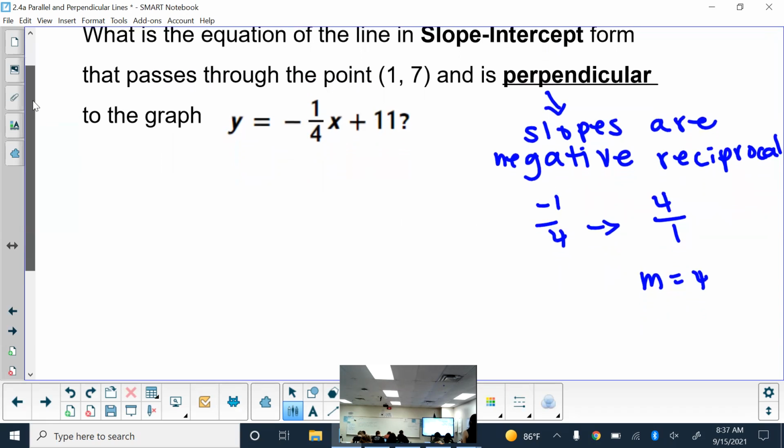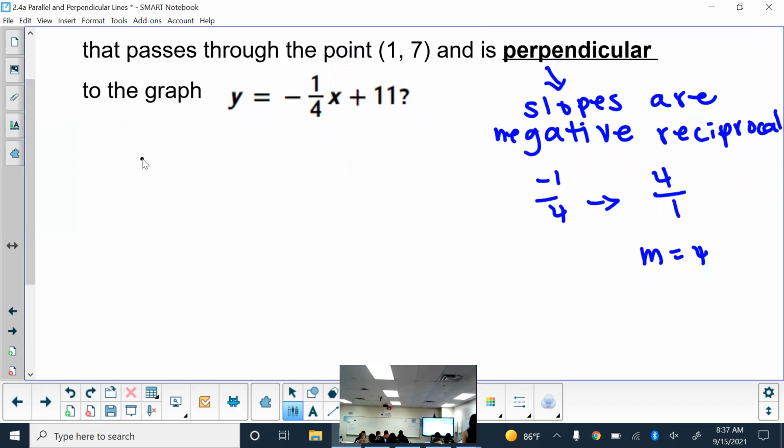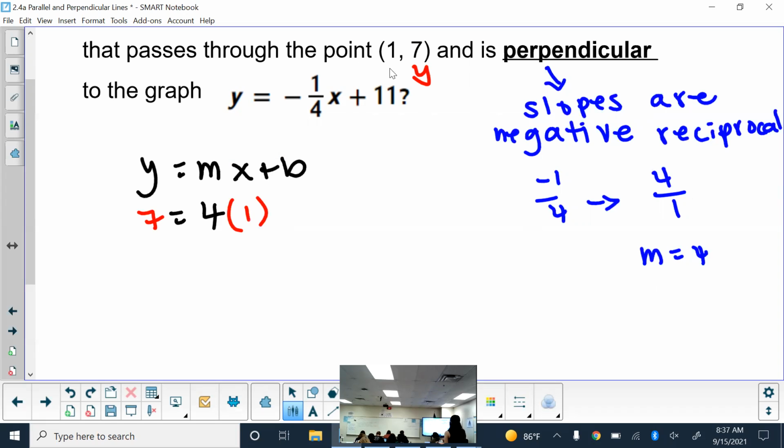All right, now solve for the y-intercept. So plug it into y equals mx plus b. We know the slope is 4 because that would be the slope perpendicular to this line. And then what's going to be my y? 7, good. What's going to be my x? 1. We get that from our given point. And then it's plus b. Since b is the only variable, now we can solve for it. So what is 4 times 1?